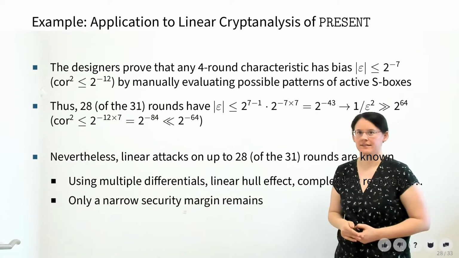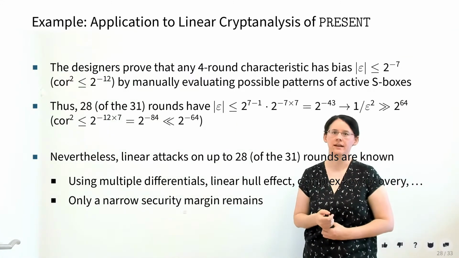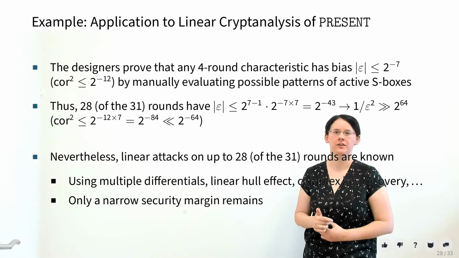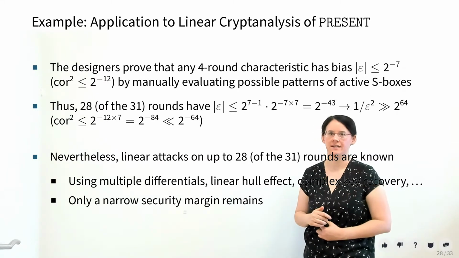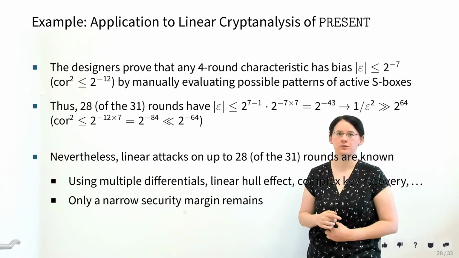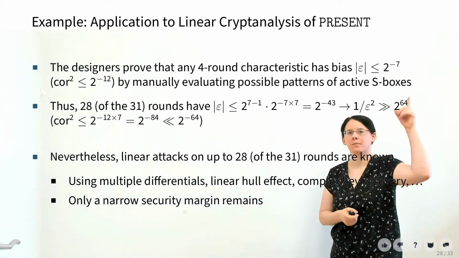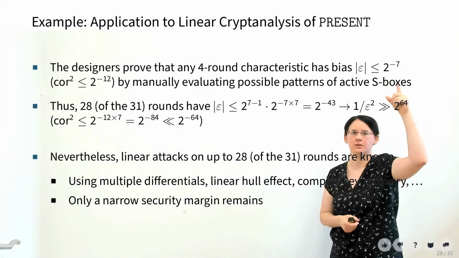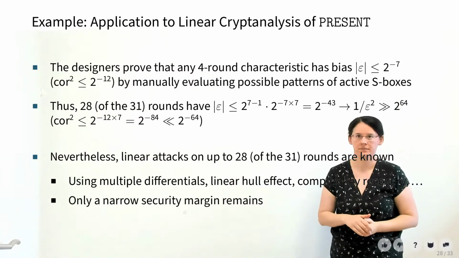Let's have a look at the cipher we've seen so far, but at the full thing, and how the designers argued that it's secure. What they proved is that any four-round characteristic has a bias of at most 2 to the minus 7. We saw one actual example of a 4-round characteristic which does have a bias of exactly 2 to the minus 7 earlier.